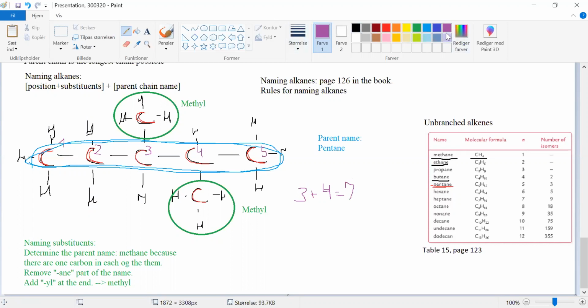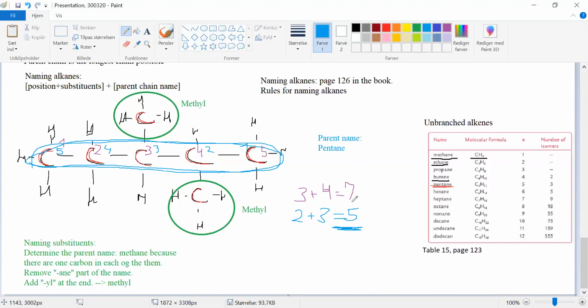And if we try to count from the right instead of the left, we have 1, 2, 3, 4, and 5. So now we have a methyl group on carbon 2 and on carbon 3. And carbon 2 plus 3 equals 5. So 5 is lower than 7.